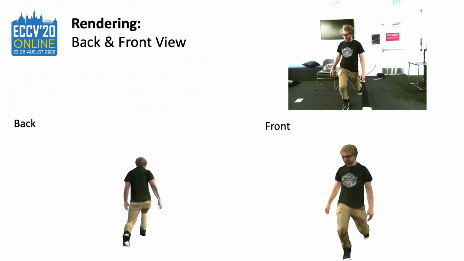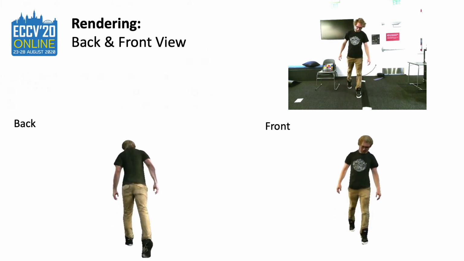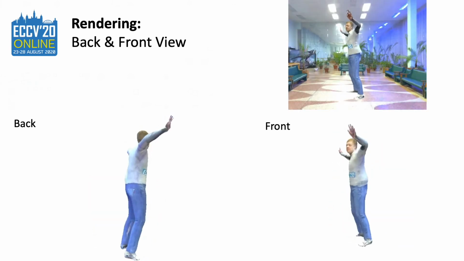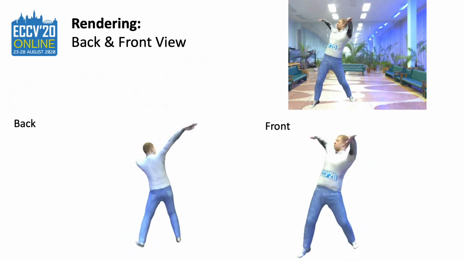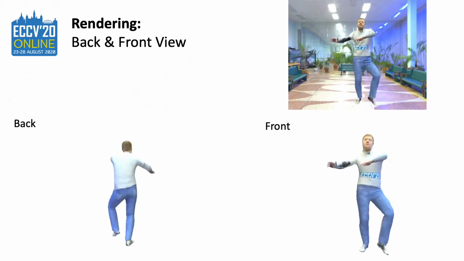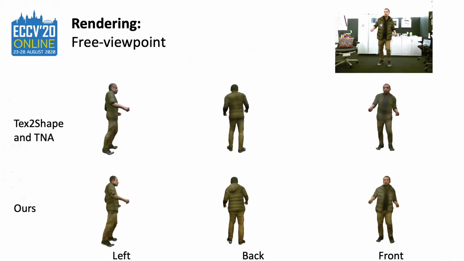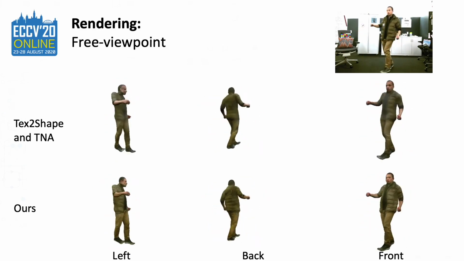The textures are well recovered for both the front and the back. In this synthetic example, the ECCV text and the clothing deformation are well reconstructed. We can also view the human from different viewpoints.